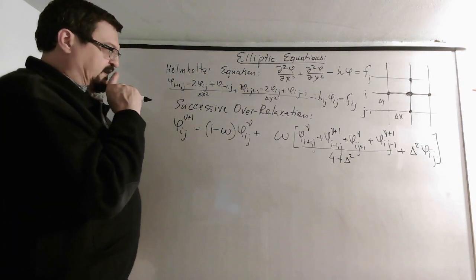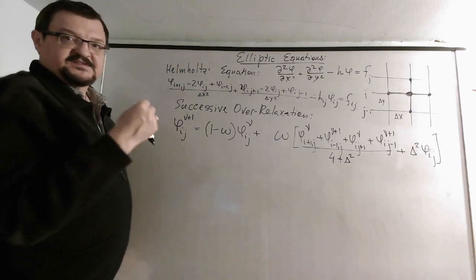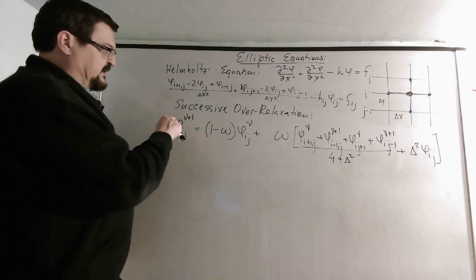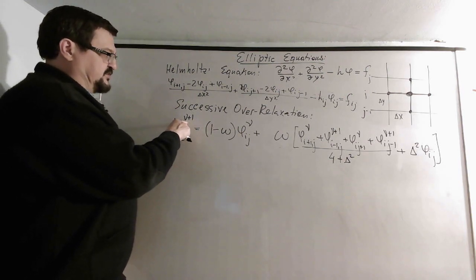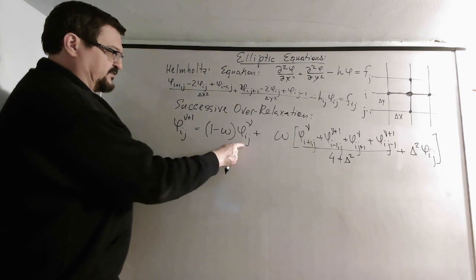So the idea is the following: when iterations converge to the true solution, the difference between iteration nu plus 1 and nu becomes very small. So these two values are kind of the same.